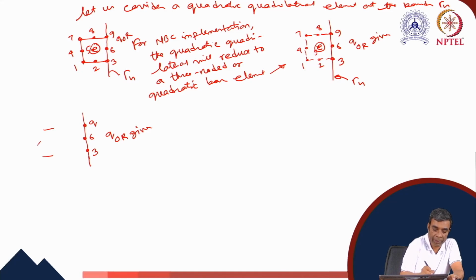So this dimension is delta Y, the mesh size, and this is the gamma H. We can consider this as the Y direction.